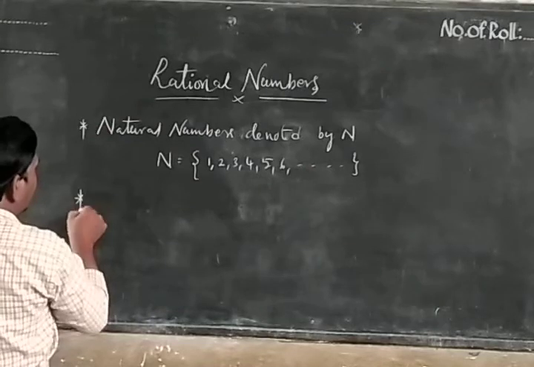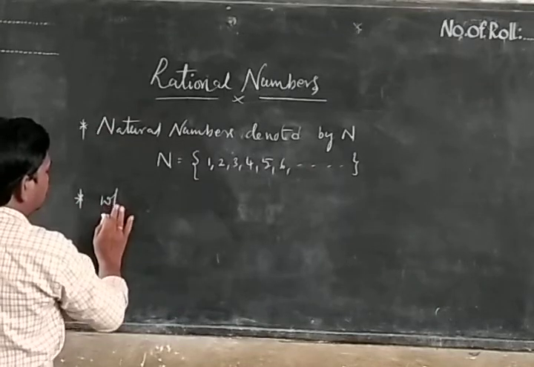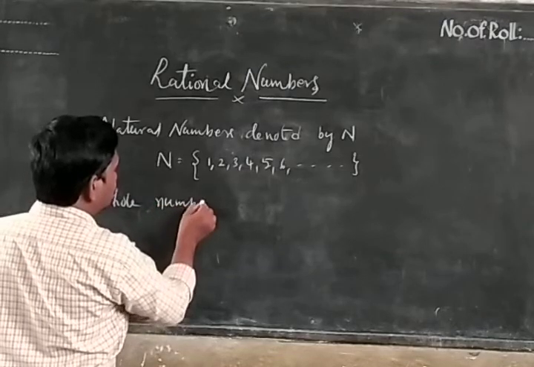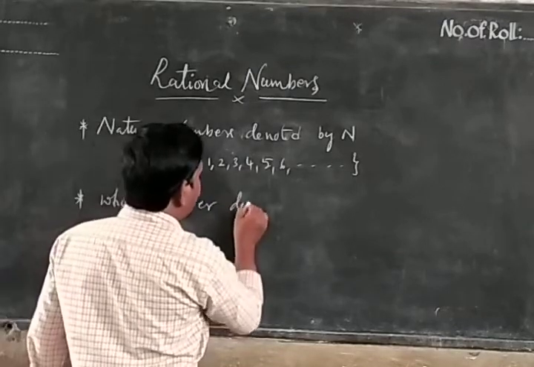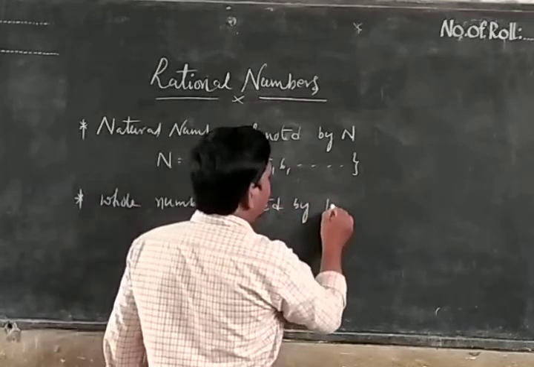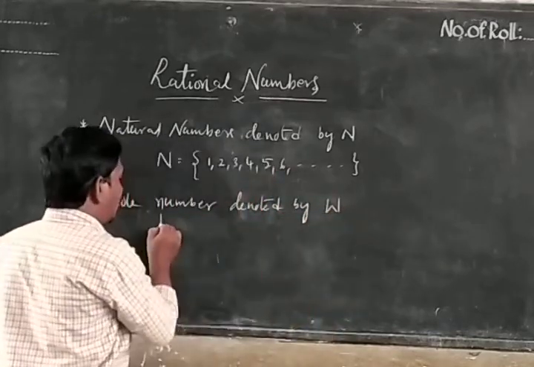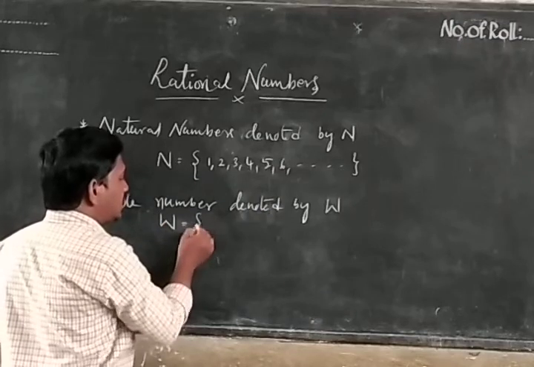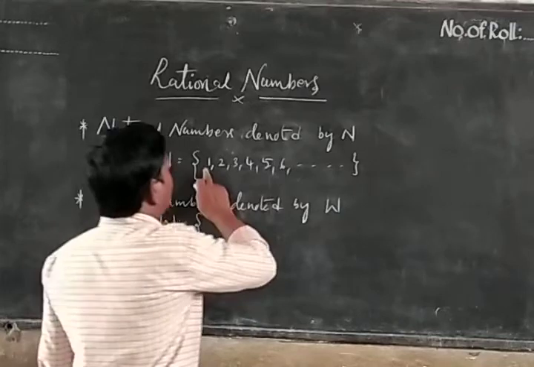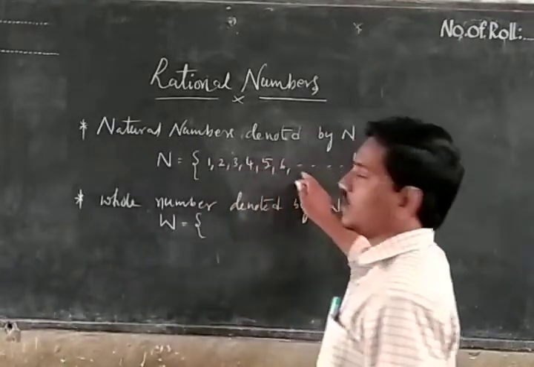Another one, whole numbers, denoted by W, and W equal to the set of, okay, here natural numbers 1, 2, 3, 4, 5, 6.